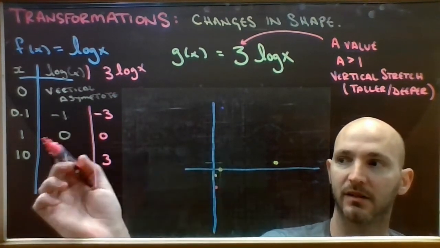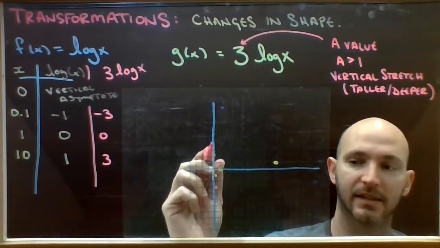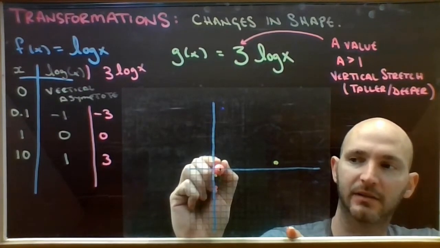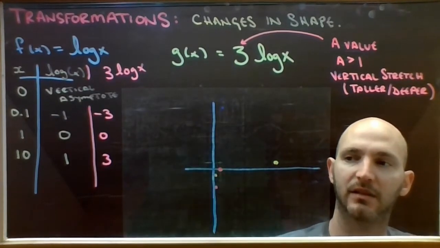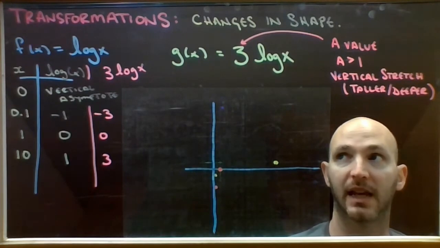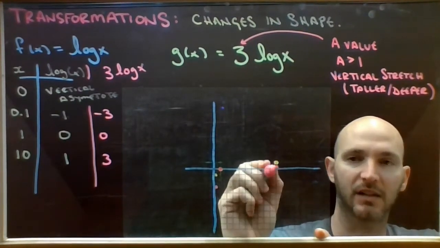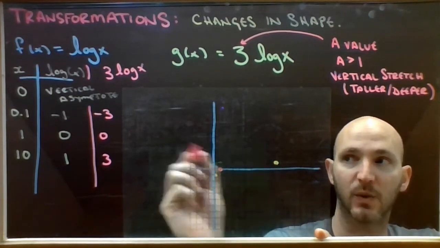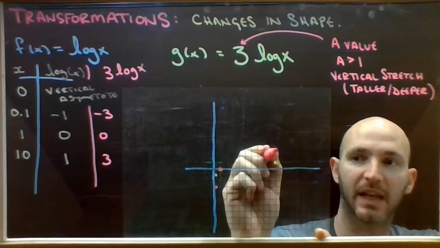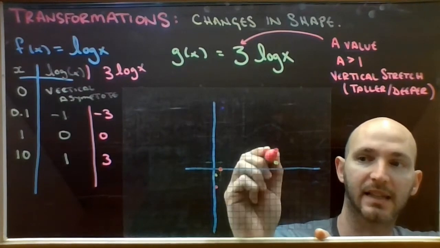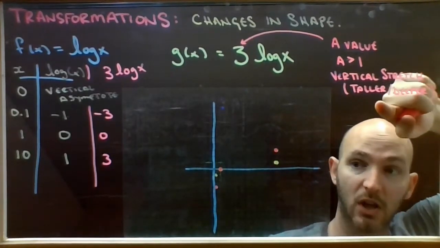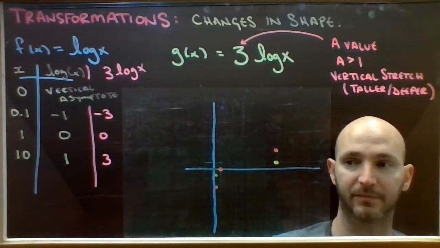This dot was right on the axis, so it doesn't matter. You stay right there. If you're 0 away and you make that 3 times farther, you're still 0 away. This dot was up 1, so if I triple that, make it 3 times further away, then it's up here. It is 3 times taller than it used to be.